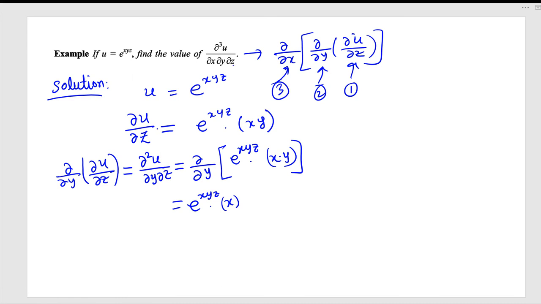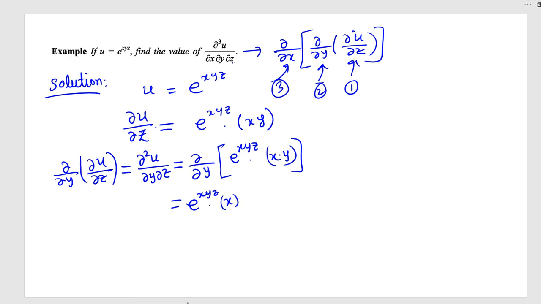Okay, Satyam is asking, sir, should we follow the order when differentiating with respect to different variables? Actually, Satyam, you have to look at the target. Based on that, you have to do the differentiation.